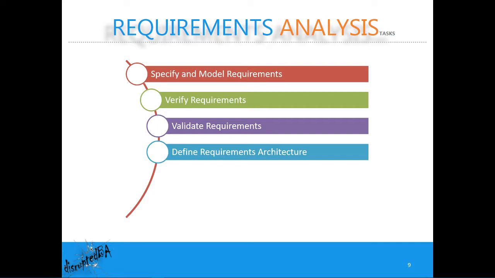Requirements typically have some sort of a relationship to each other, and on some level, they will all support the same goal or objective. Some of the criteria that would be applicable when you define the requirements architecture is that the requirements should be maintainable. It should be traceable.